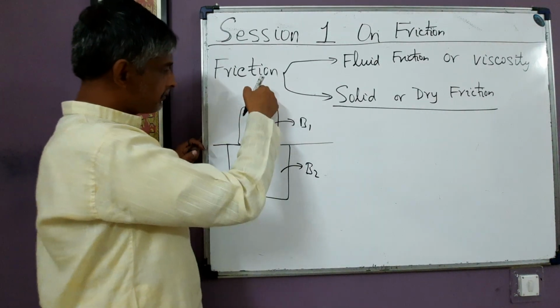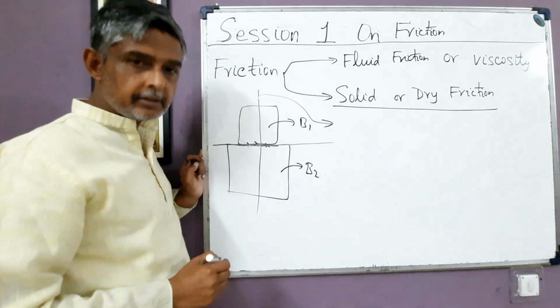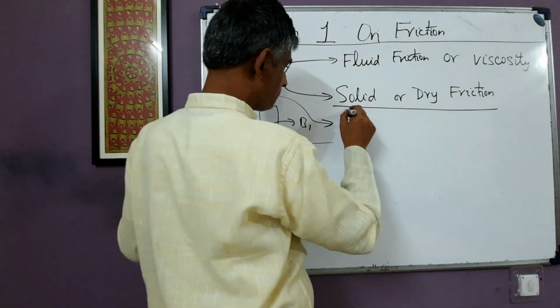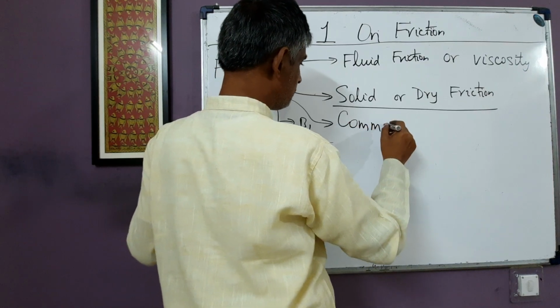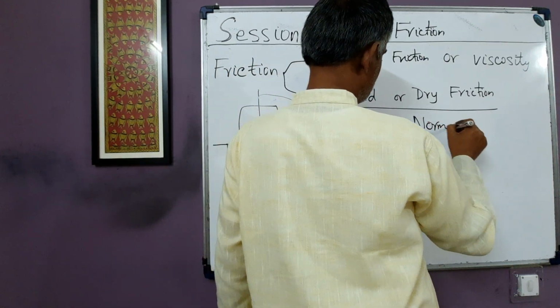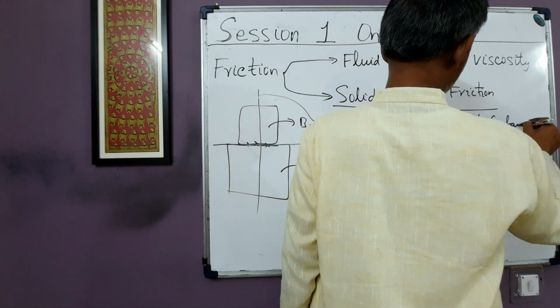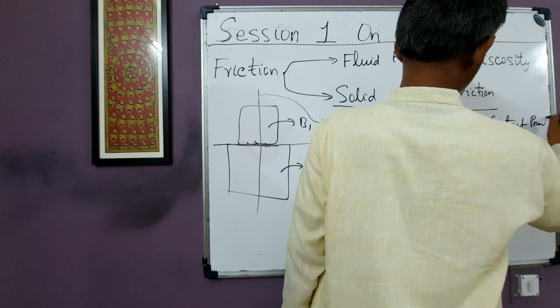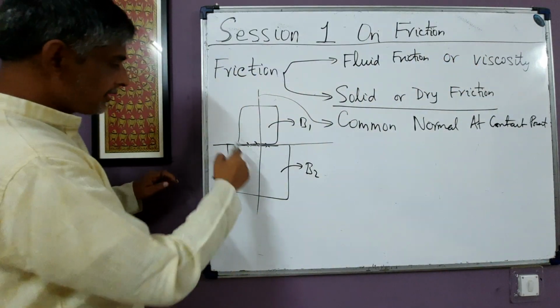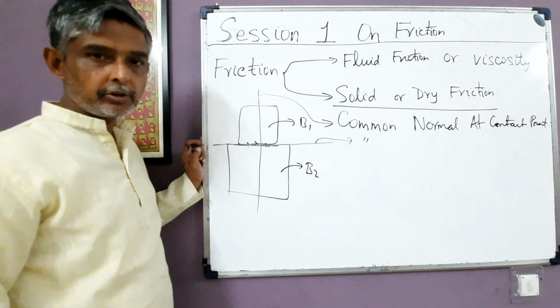So this vertical line is the common normal at the contact point. And this line is the common tangent plane at the contact point.